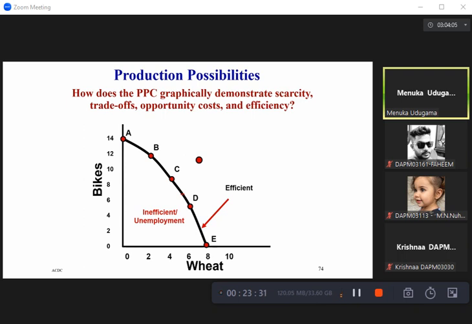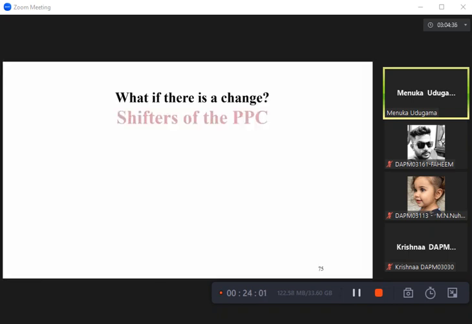Your resource endowment, the resources that you have in the country or with the firm, are fixed, right? And given those resources and current technology, these are the efficient points. But if you can improve your technology, if you can improve your resources, get more land, train your labor, you will be able to push this forward and reach a higher level of production and efficiency.